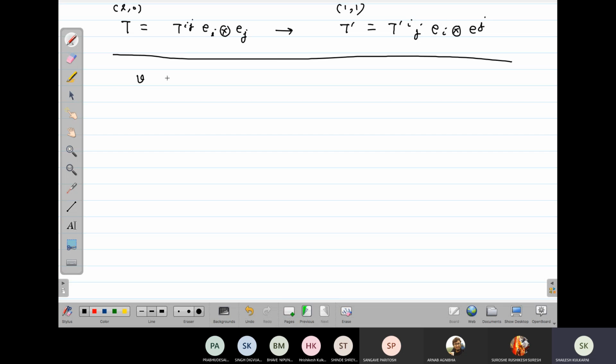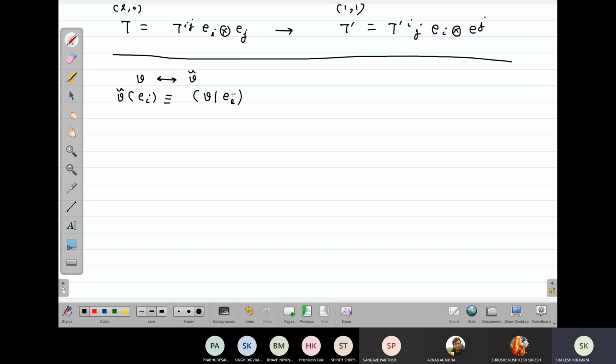Corresponding to a vector, I assign a dual vector. How do I assign this dual vector? The action of this dual vector on the usual basis e_i is defined to be the inner product of v with e_i.